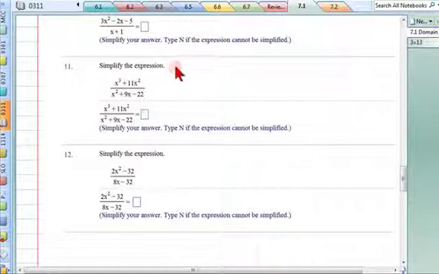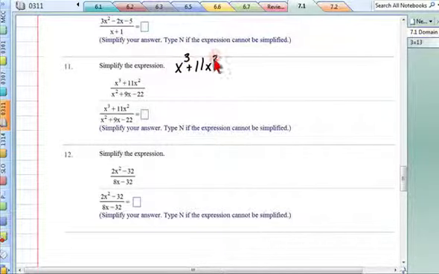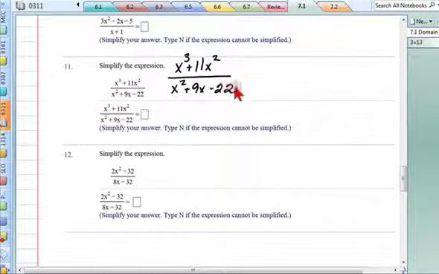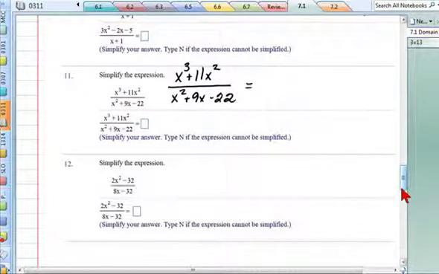All right, number 11. I have x to the third plus 11x squared over x squared plus 9x minus 22. I am supposed to simplify this. And what do I have to do in order to simplify? Factor.